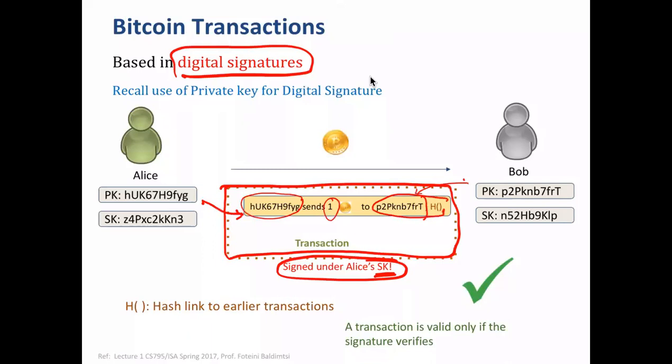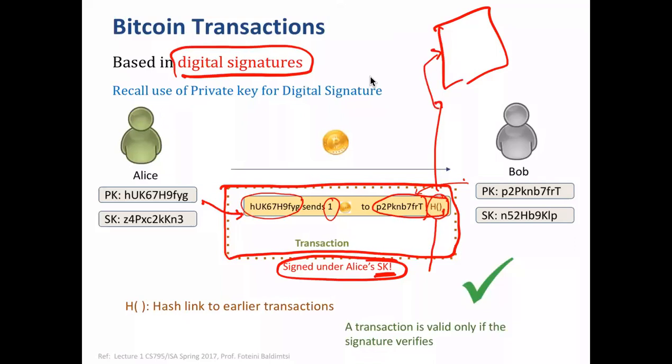Apart from that, the transaction will also have hash pointers, and these hash pointers tell where Alice got the money. It references some blocks in the blockchain which show that Alice got the money from somewhere.